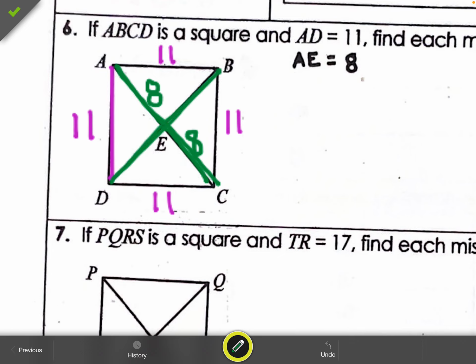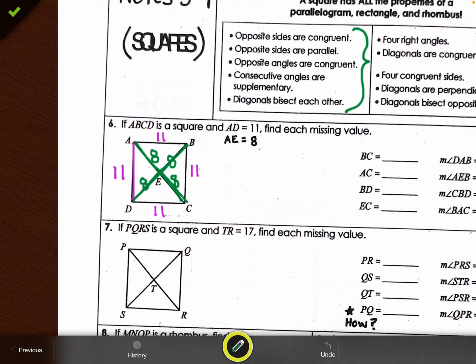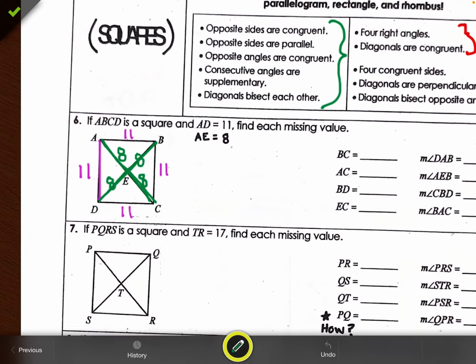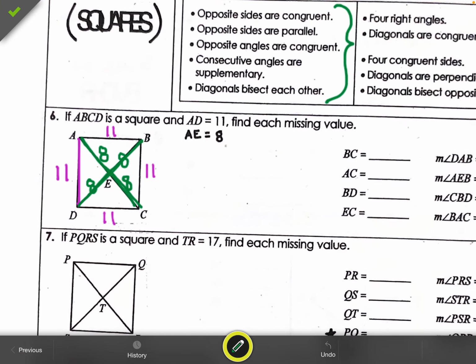That means DB would be 16. But we also know they bisect each other, so we know that this piece would be 8 and this piece would be 8. So it kind of comes apart pretty nicely. That doesn't happen in a parallelogram or a rhombus.